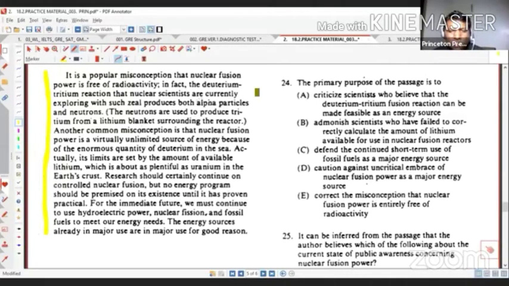It's not only deuterium, you also need the lithium, which is about as plentiful as uranium in the Earth's crust. This is also available enough, but still there could be a limit.